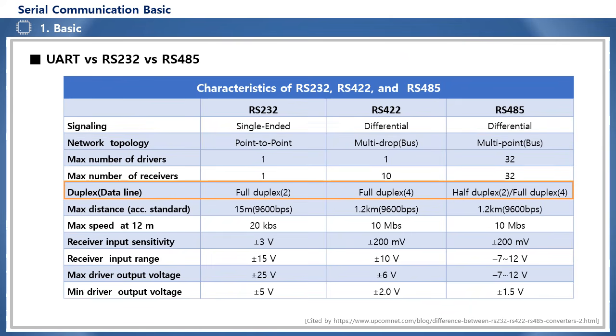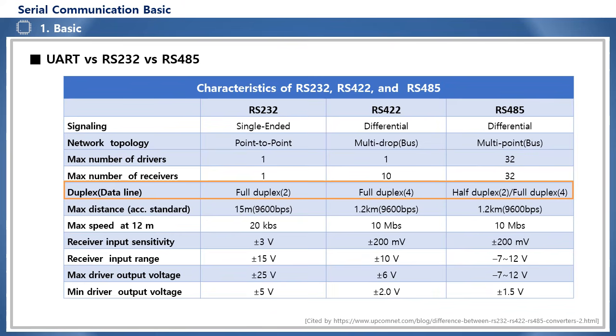The transmission method is full duplex, as RS-232 and RS-422 have separate communication lines for TX and RX respectively, allowing simultaneous transmission and reception. RS-422 has 4 communication lines, 2 differential lines for TX and 2 differential lines for RX, and RS-485 can be configured as a network with a 2-line method, half duplex, and a 4-line method, full duplex, depending on the transceiver IC.